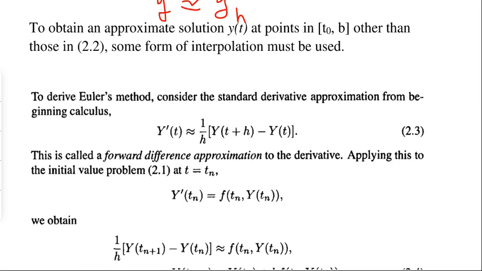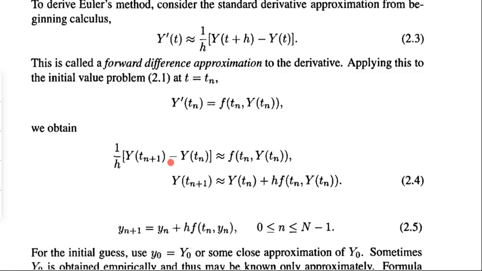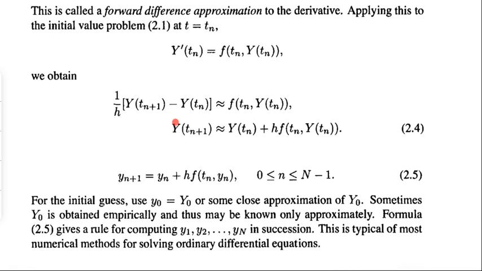In detail, in the next session, we will see that by using this relation and substituting in our main equation, we will have this relation. Now, replacing this approximation notation with equality notation, we will obtain this relation.